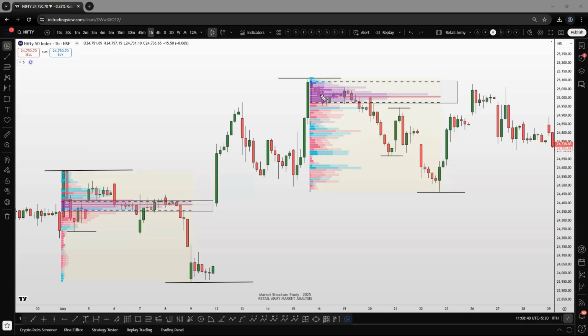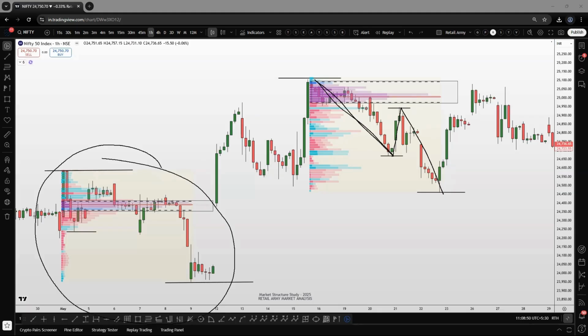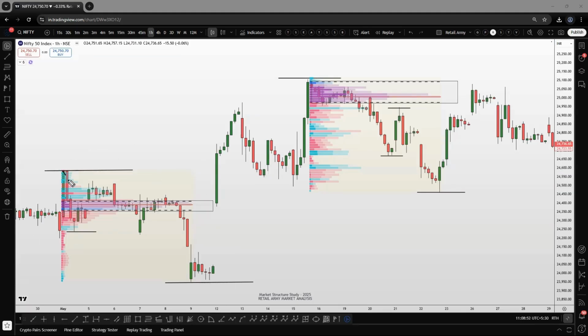So to conclude, in your three-wave pattern, your POC does not shift from the first leg itself. In this case, what happens then? There is a first leg, a second leg, and the third leg. Now, before this third leg, there is a shift in POC somewhere here.